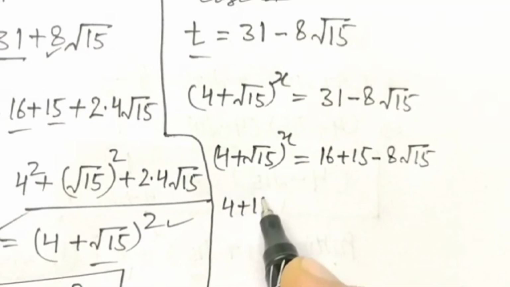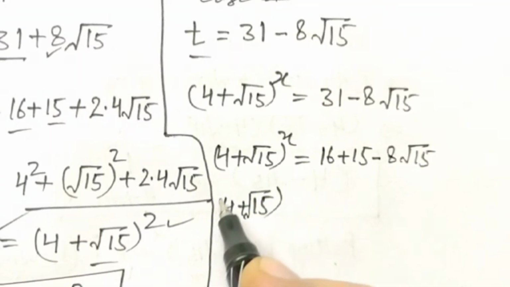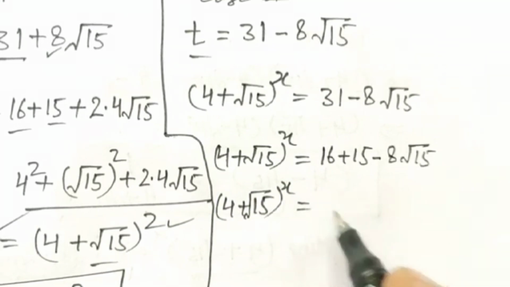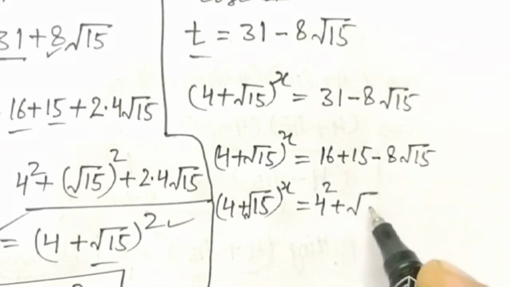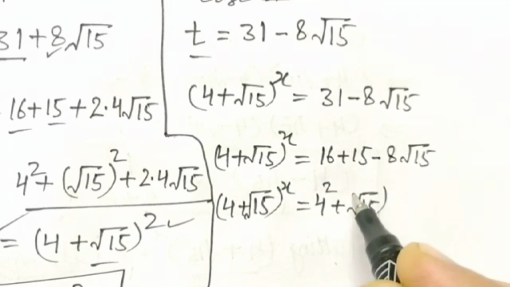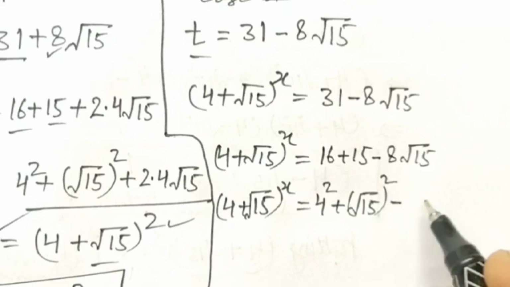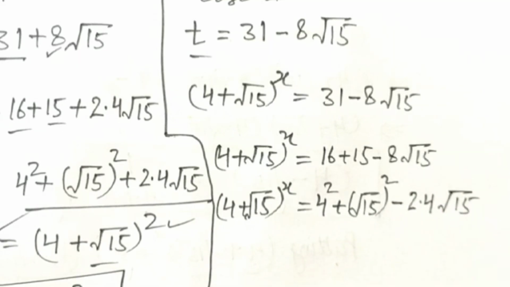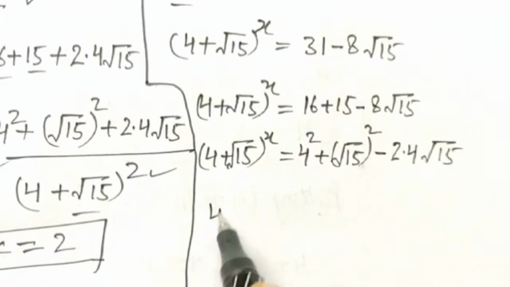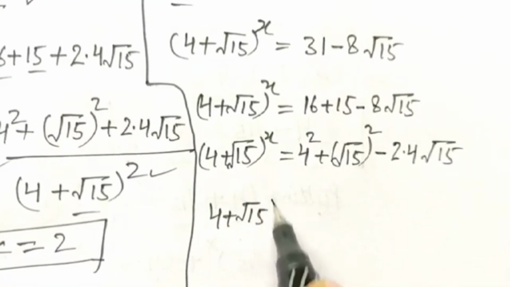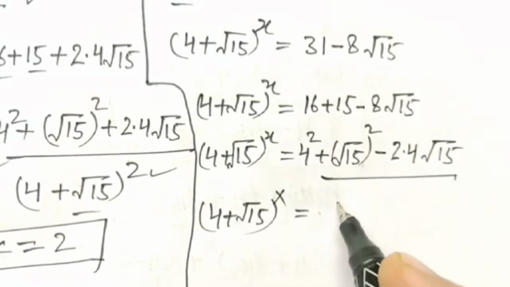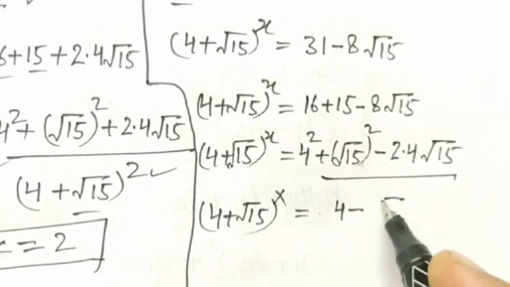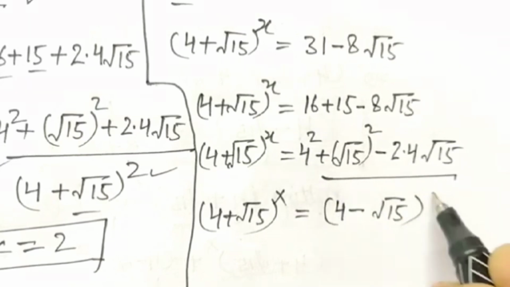So (4 + √15)^x is equal to this expression of (4 - √15)².